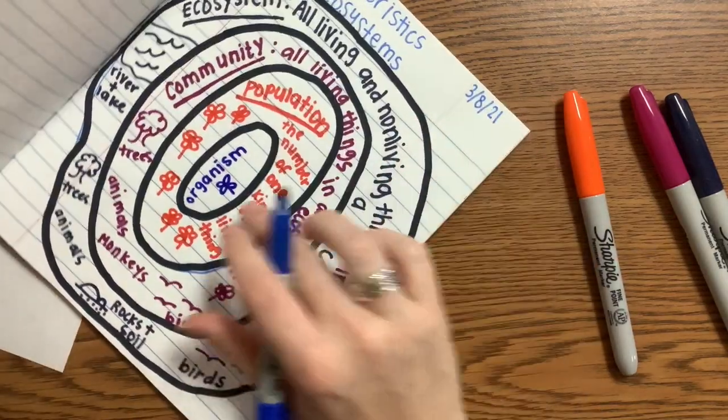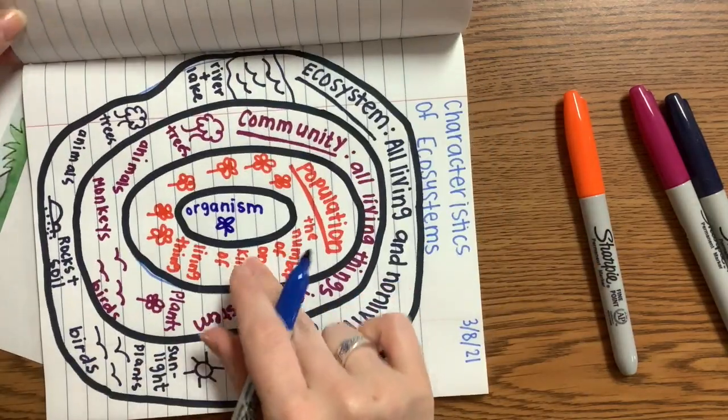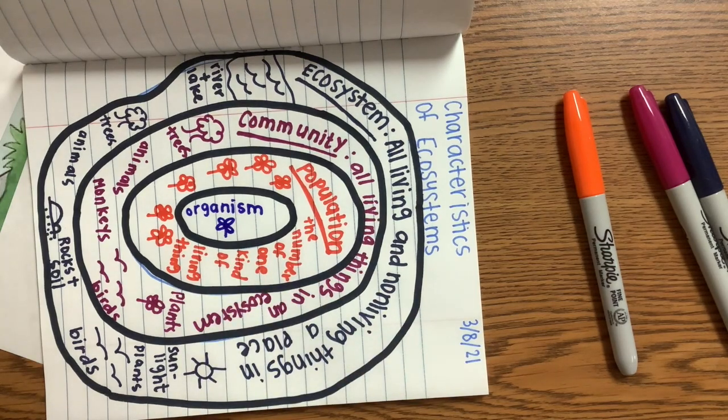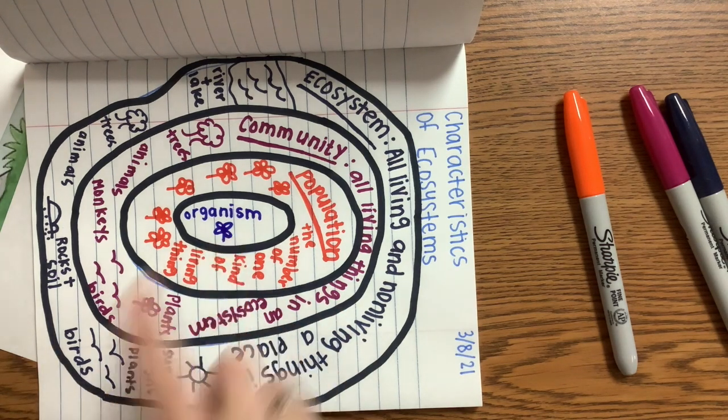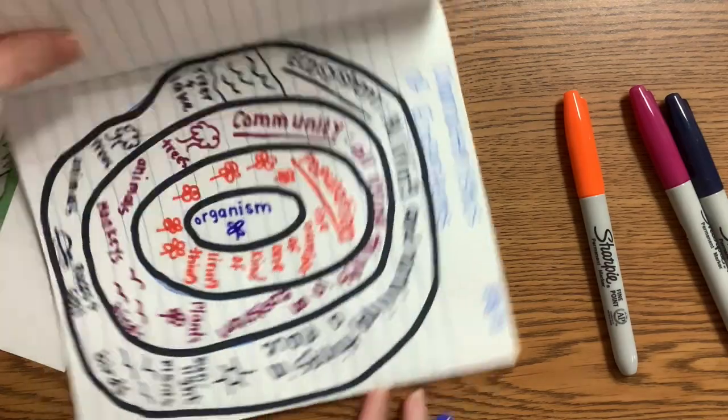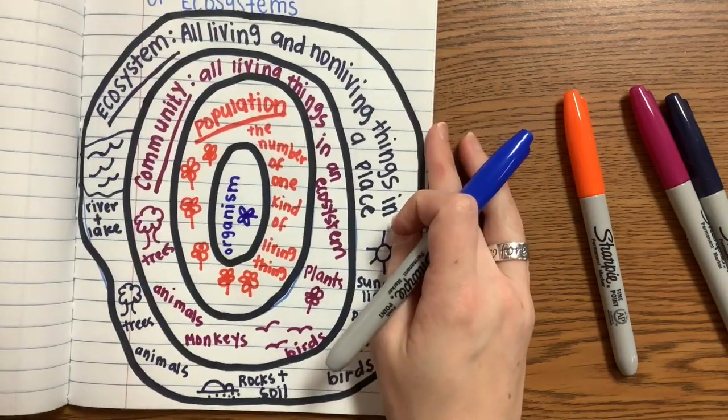An organism is just one. I am an organism. You are an organism. It's just one. Your family is not an organism. They are a population. Just one person is an organism. So do you see how it gets smaller and smaller and smaller?